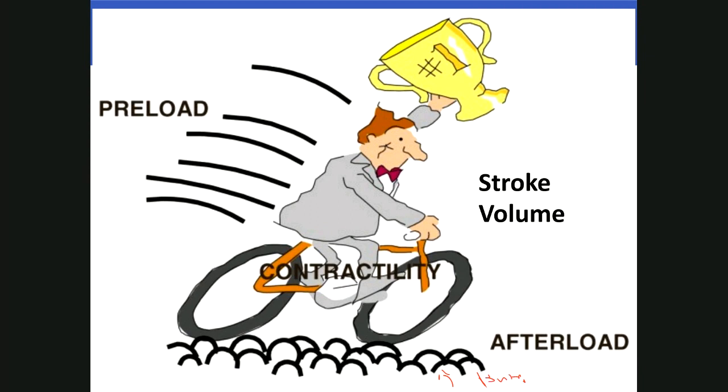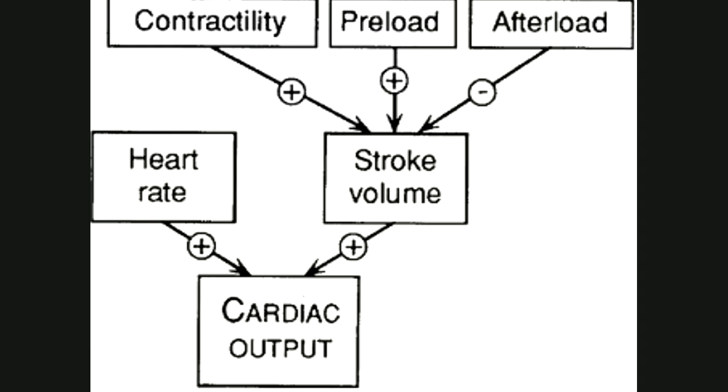They slow you down. So in other words, if I make more bumps, if I increase afterload, what is that going to do to stroke volume? It's going to decrease stroke volume. And that's exactly what it does. So look, if I increase afterload, it's going to decrease stroke volume. Does it make sense?